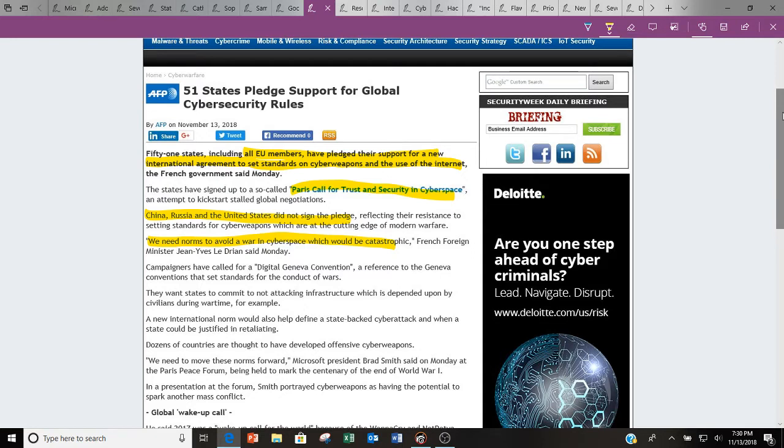So this is probably a good indicator that, well, I'm not sure where this is going to go, but some of the three power players in cyber espionage and warfare don't want to play with this agreement.